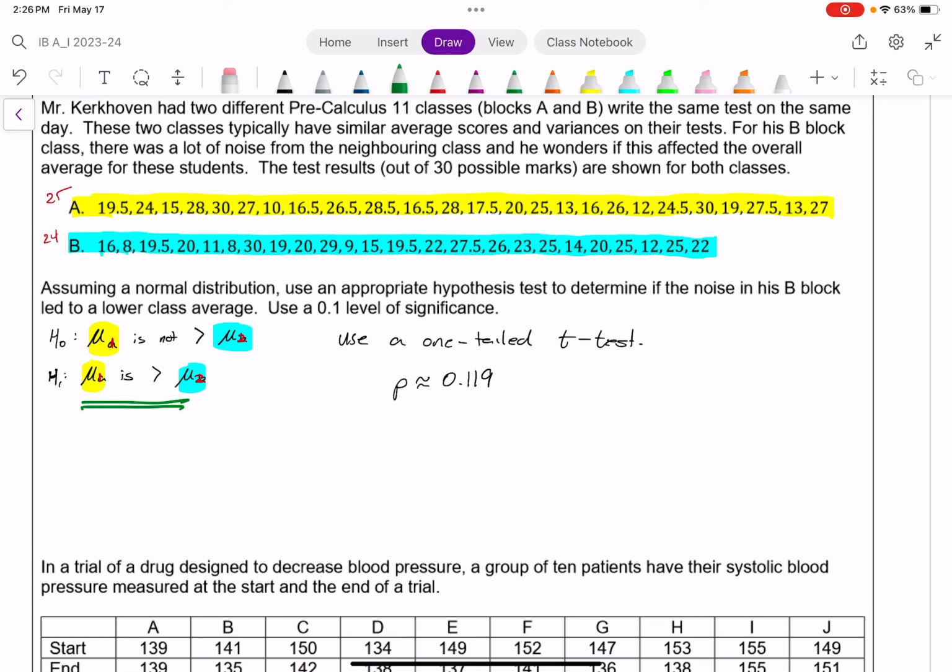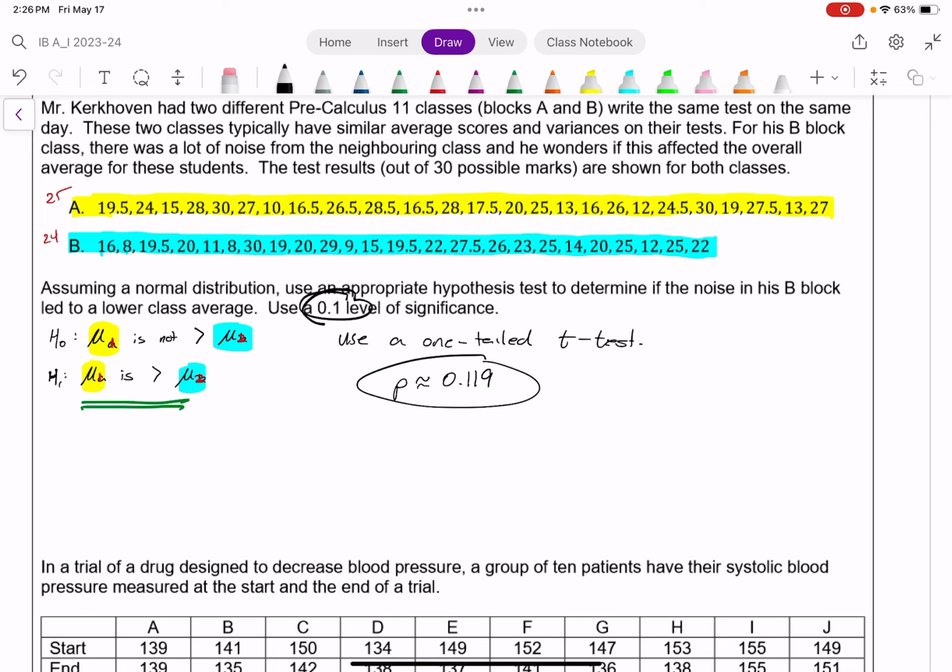All right, so what we get, this value here, notice is greater than my level of significance, which means the probability of my A block having a higher mean than my B block is too likely to be a matter of chance for me to say the difference is because of the class next door.